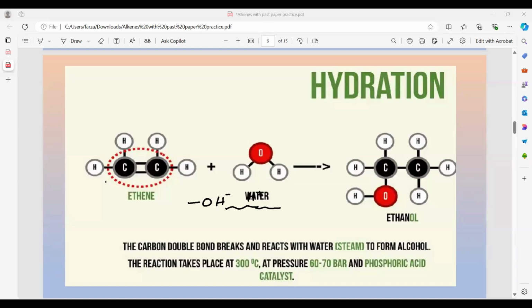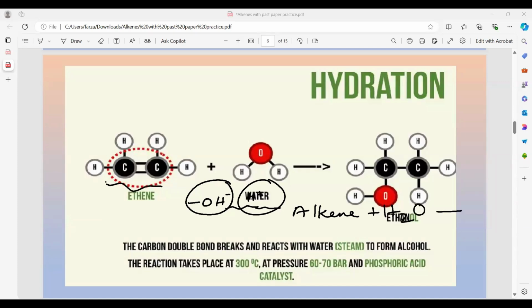So here, the double bond in the alkene reacts with water, resulting in the addition of this hydroxyl group to one carbon atom and the hydrogen atom to another carbon atom. That's how an alkene reacts with water to form an alcohol.